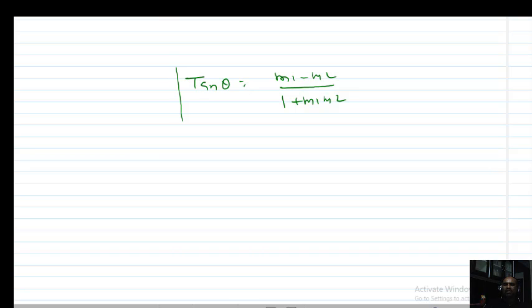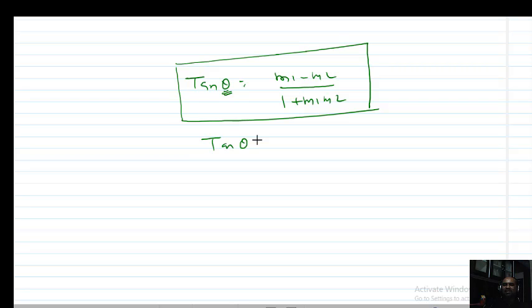So by using this you can find the angle between them. But here you will get two things. Tan may sometimes be positive, sometimes negative, depending upon theta. Tan theta equals plus or minus M1 minus M2 by 1 plus M1 M2. If you want to take the acute angle, you should take plus. If you want to take the obtuse angle, you should take minus.